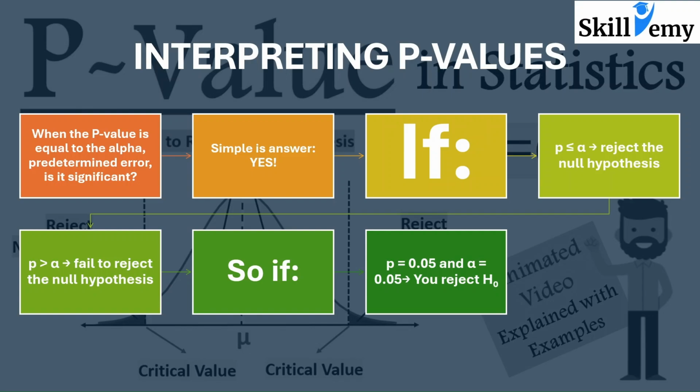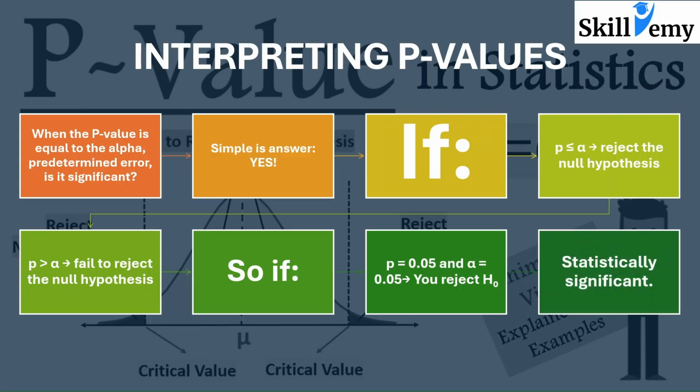So in this case your p would be equal to 0.05, and we already have an alpha predetermined error of 0.05. You reject the null hypothesis, so it means that your p is equal to your alpha. In this case you reject the null hypothesis, and statistically this is significant.